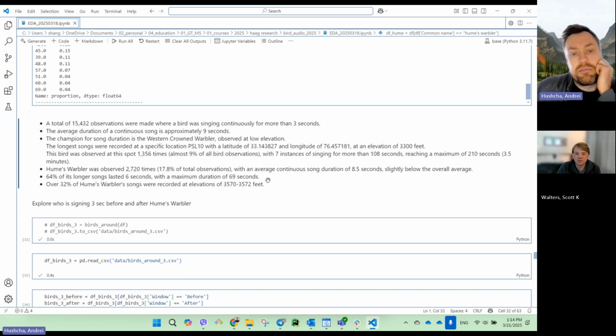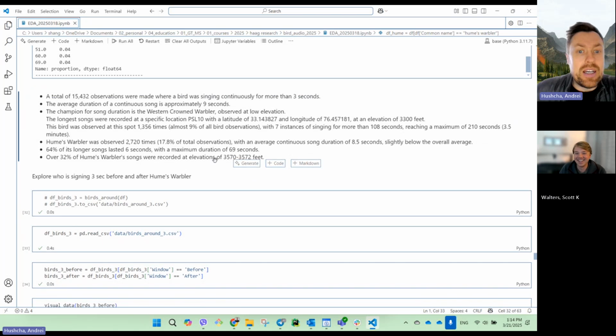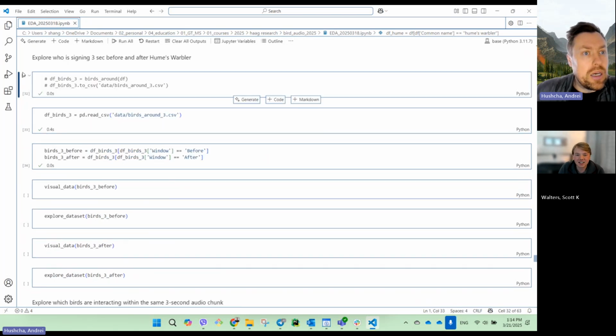Compared with the Crowned Warbler, he's a man of few words. The elevation is mid, not the low elevation.